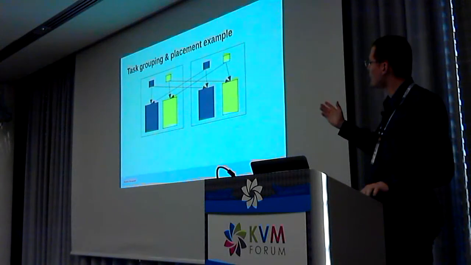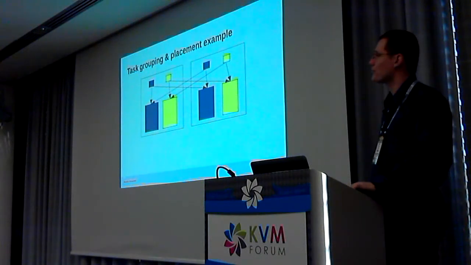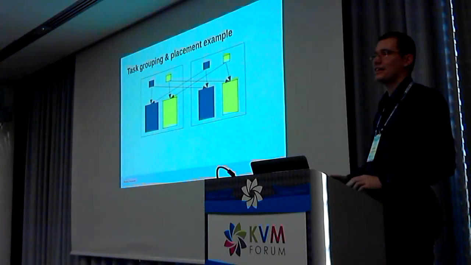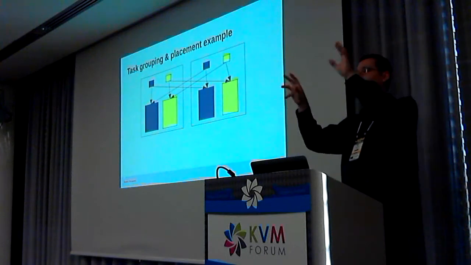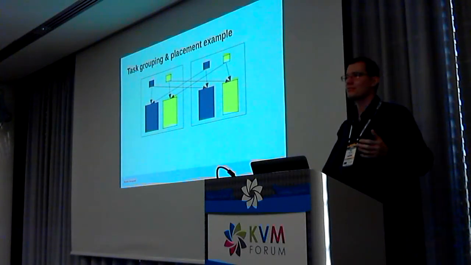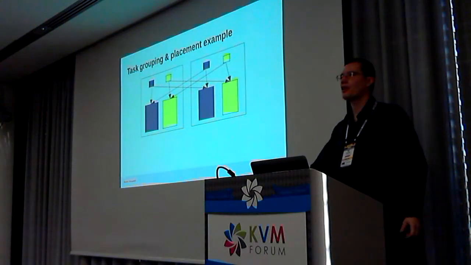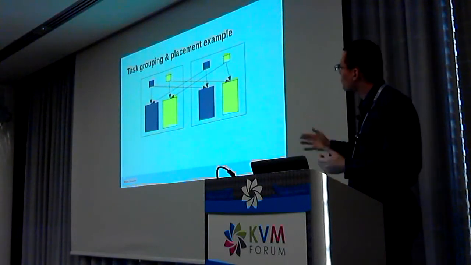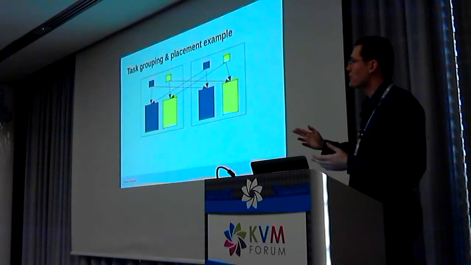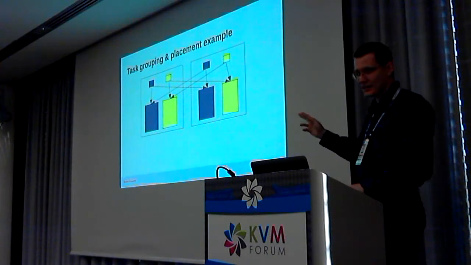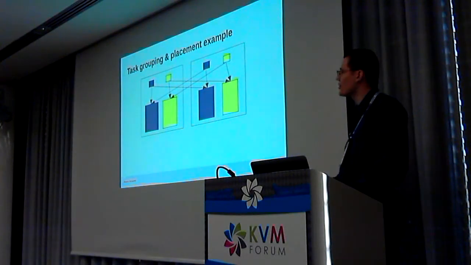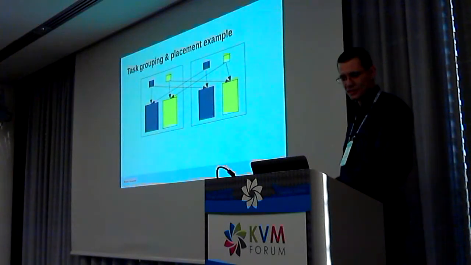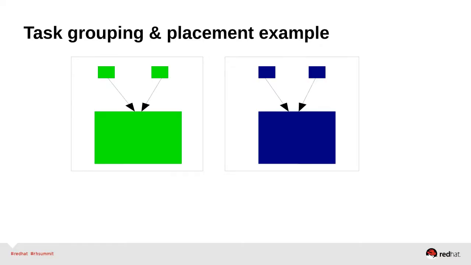In this example here, you can see we have two processes with 2 threads each, and they're all jumbled over the system. We have the green workload and the blue workload, and they look pretty equal right now, but one of them is going to win. Say that the green task wins on one of the nodes, and at that point, the green task gets pulled over.